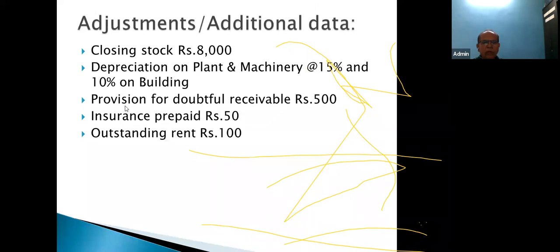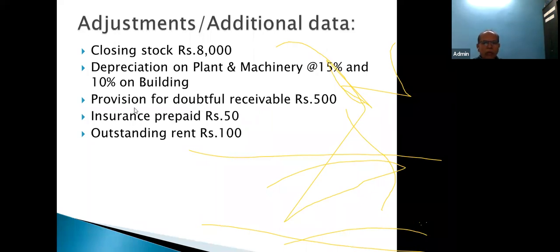Now the third is provision for doubtful receivable. I have explained it, so now we will directly give the effect. Since it is an expense, the first effect will be recorded on the profit and loss account debit side.